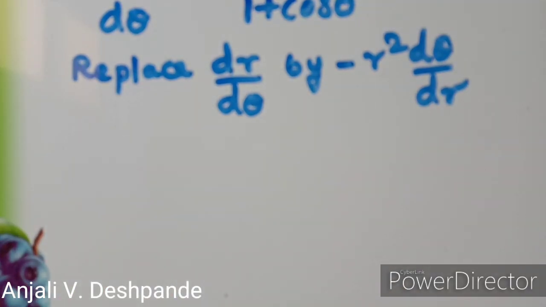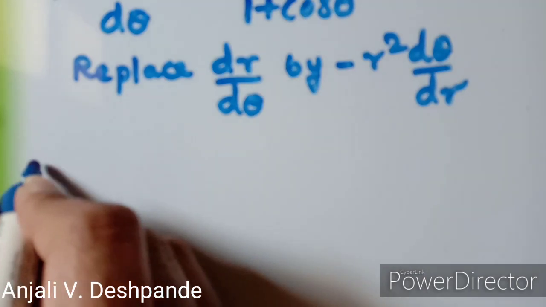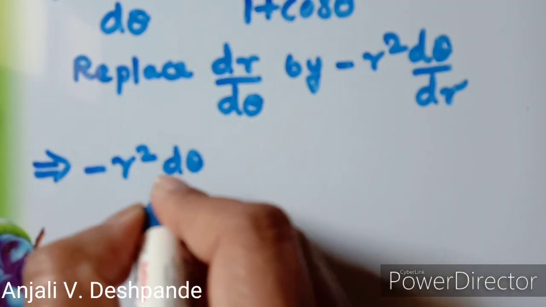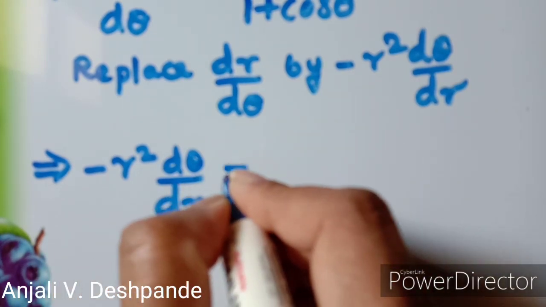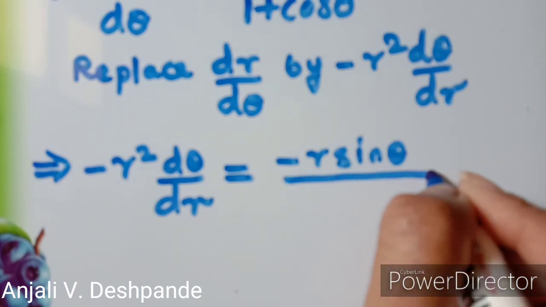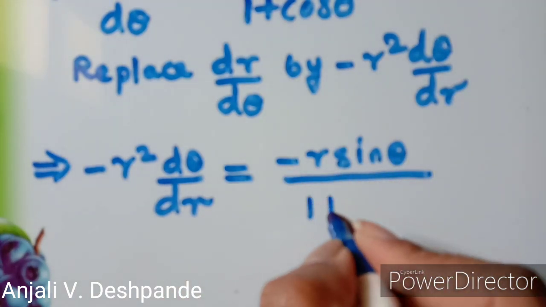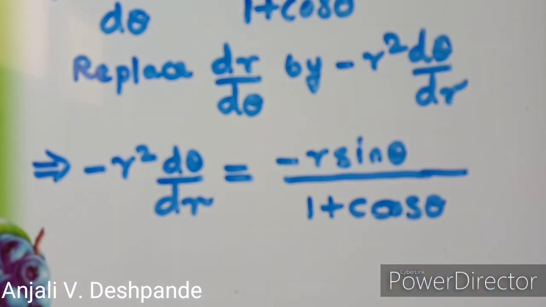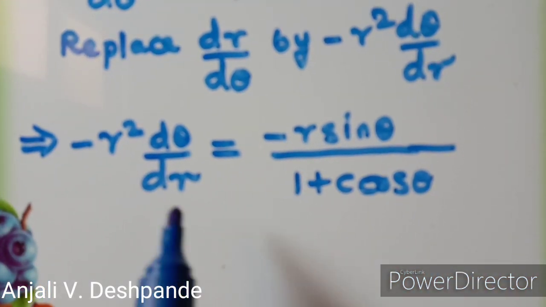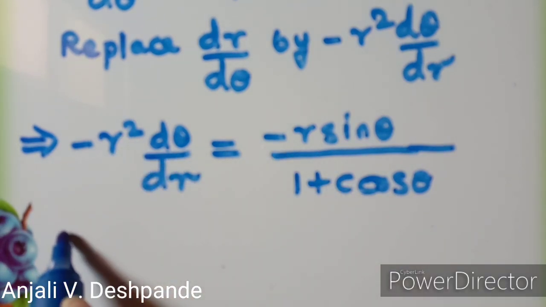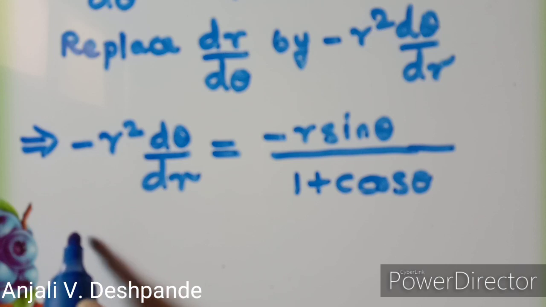After we replace, this implies minus r square d theta by dr is equal to minus r sine theta divided by 1 plus cos theta. Now we are going to cancel out some terms which we can. So this will give us, what will it give us?